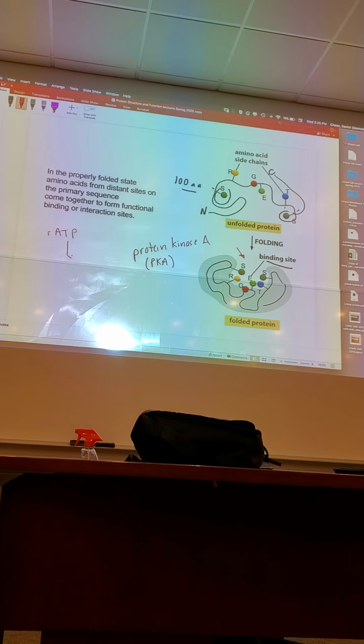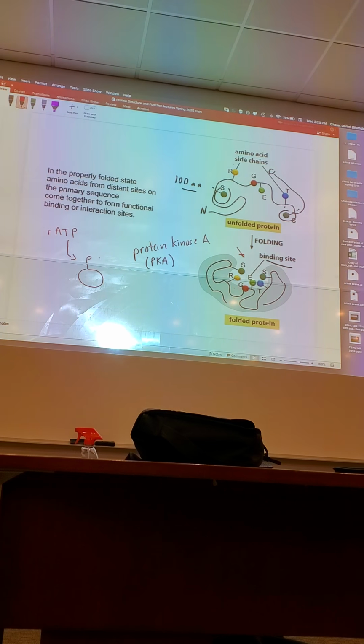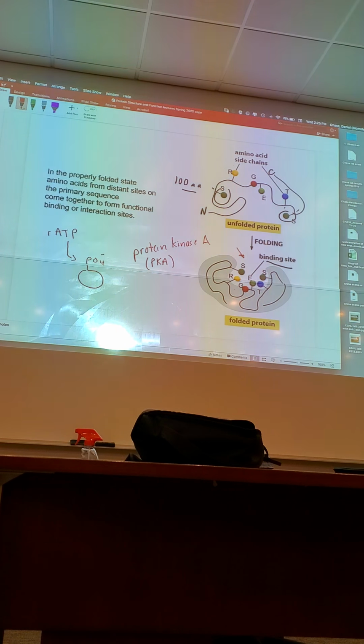It takes the last phosphate off of ATP and puts it onto another protein, phosphorylating it, and as a byproduct forms ADP. So this is adenosine triphosphate, adenosine diphosphate.